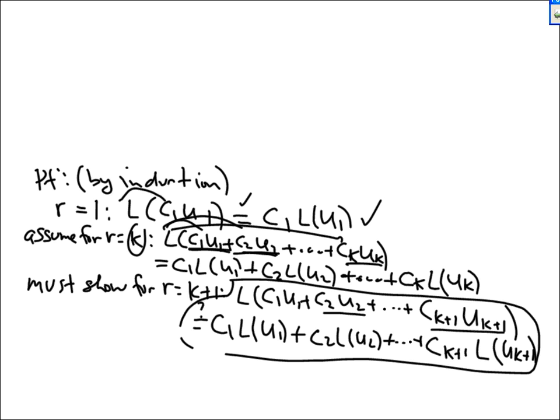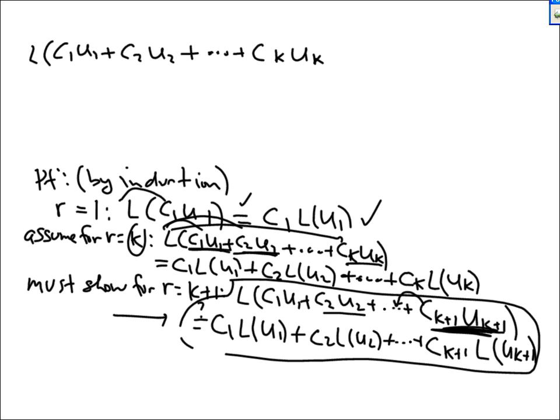Okay, so we must show that this is true. L of C1U1 plus C2U2 all the way up to CK plus 1, UK plus 1. But the term before that will be CK, UK plus CK plus 1, UK plus 1.